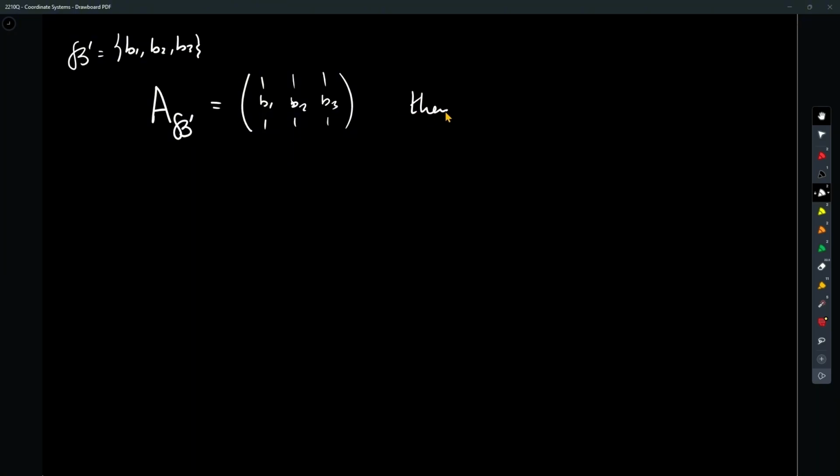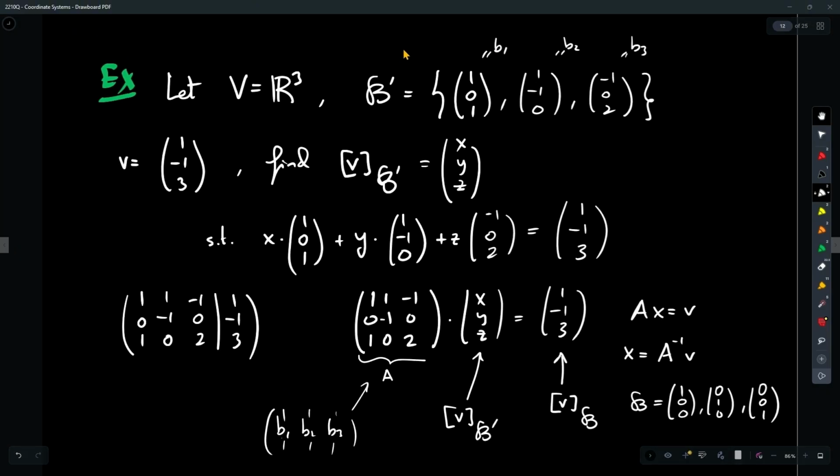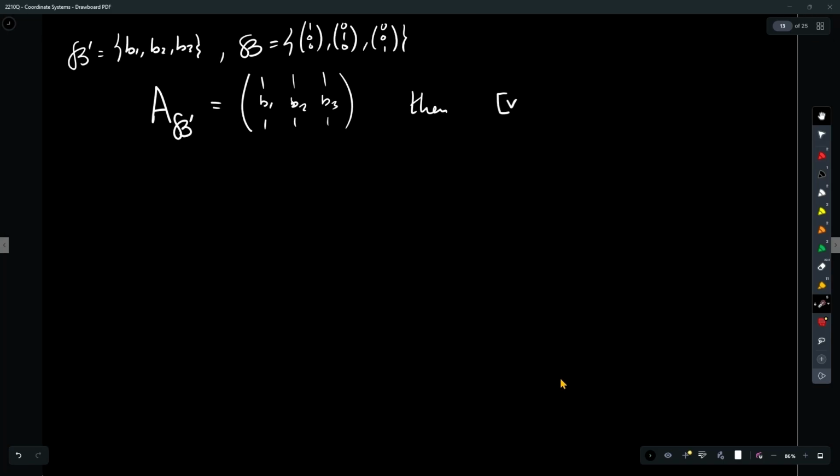Then it turns out that, let's say B is the canonical one, if you look at this equation right here, these are the coordinates with respect to the canonical basis.